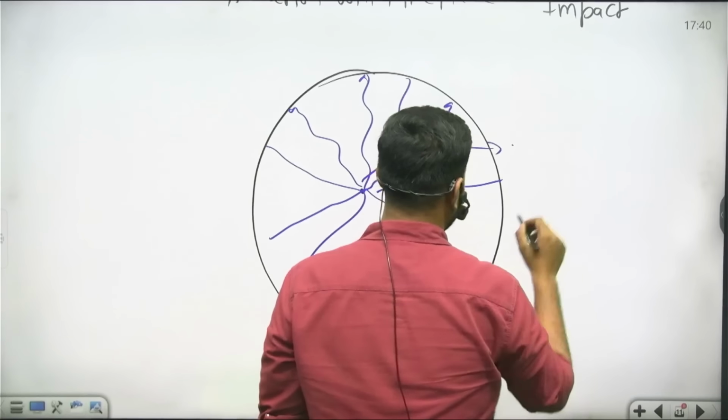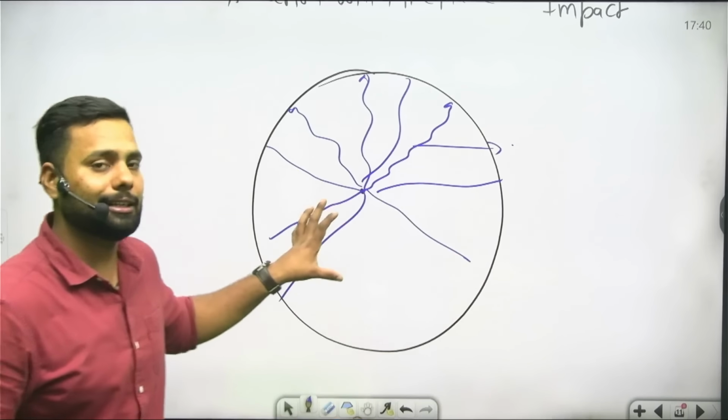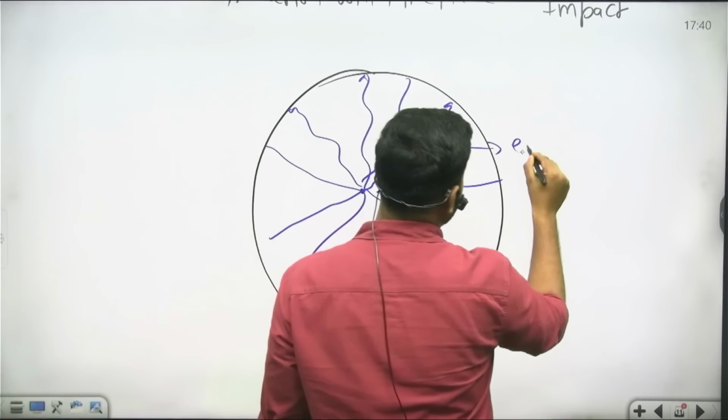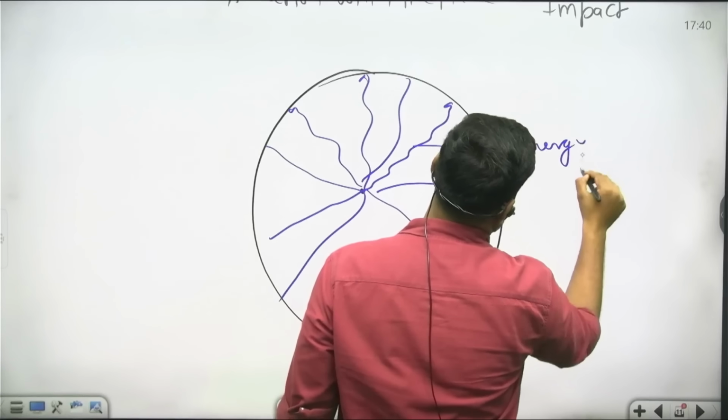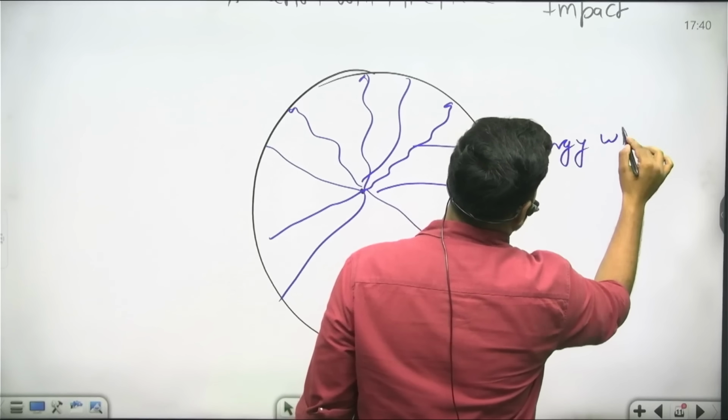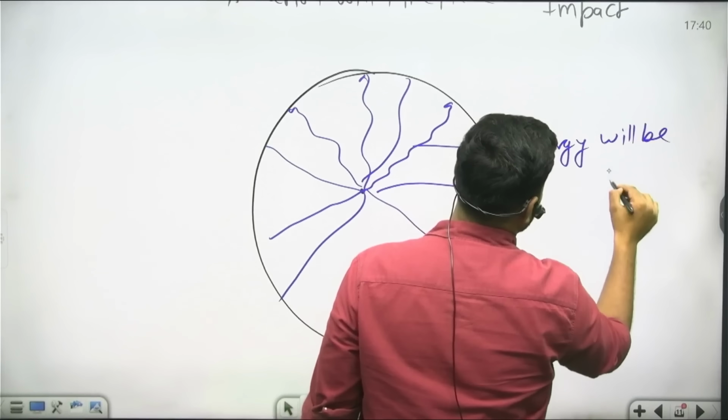The more the waves are traveling inside the earth, the more the energy will be lost. तो इसका मतलब क्या है?